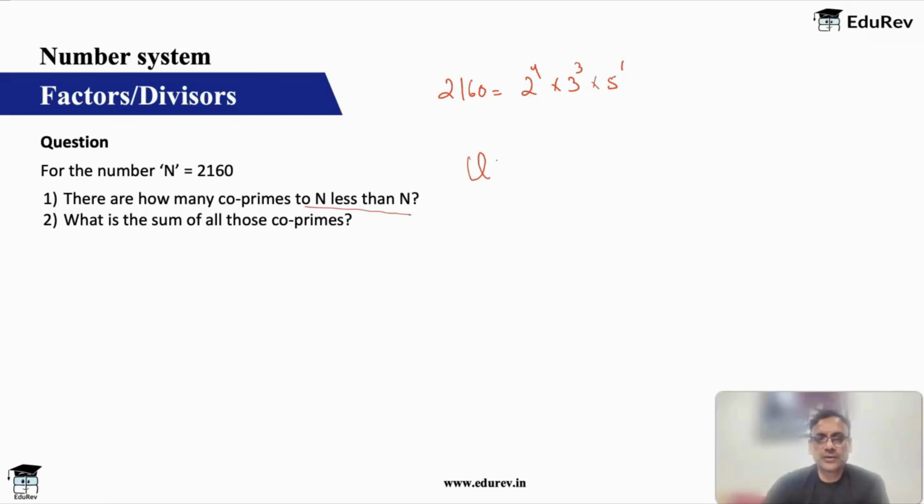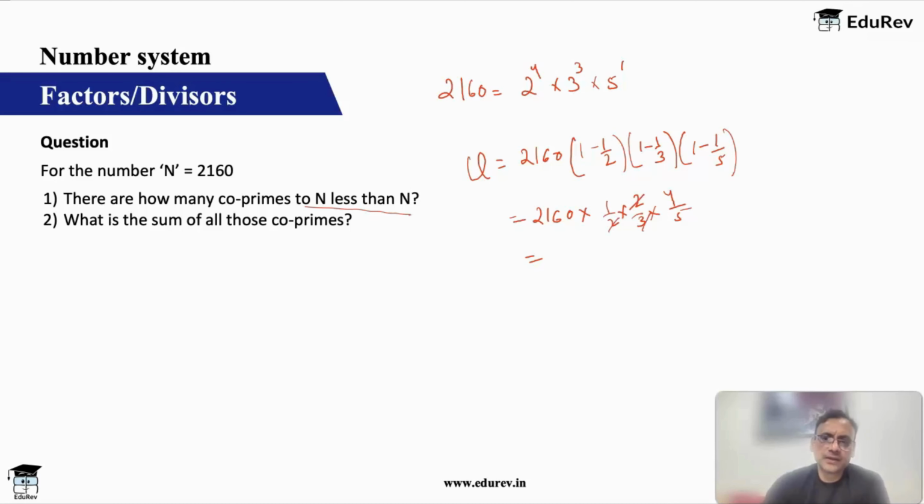So phi will be equal to 2160 into 1 minus 1 by 2, 1 minus 1 by 3, and 1 minus 1 by 5, which is 2160 into half into 2 by 3 into 4 by 5, which gives me, 2 gets cancelled here, 3, so you'll have 720, and 5, you'll have 144.